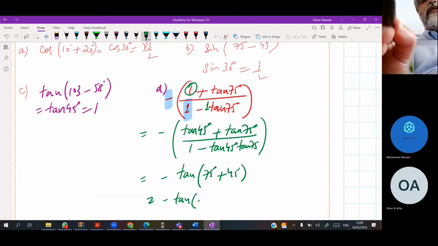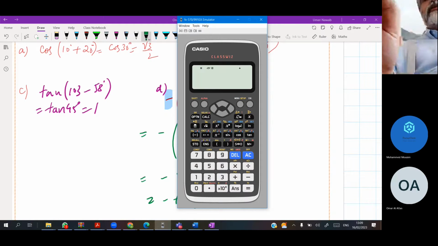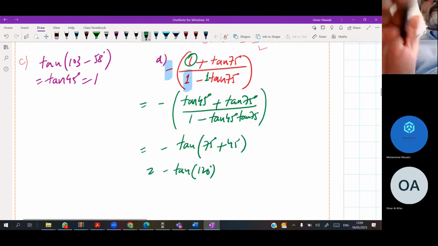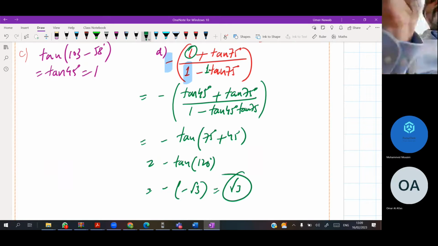And then give this command to the calculator, and the calculator solves for you tan of 120, minus square root of 3. So this gives you minus square root of 3. Final answer is square root of 3 after the multiplication of minus with the minus.